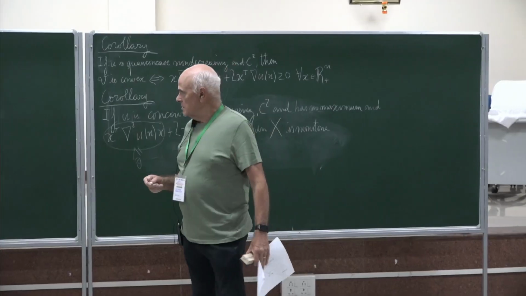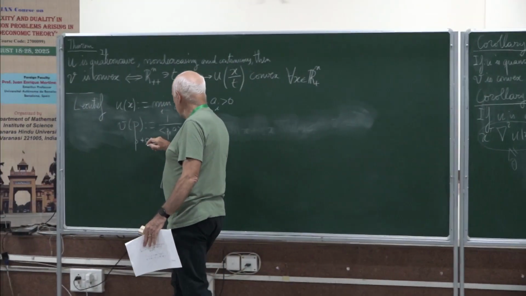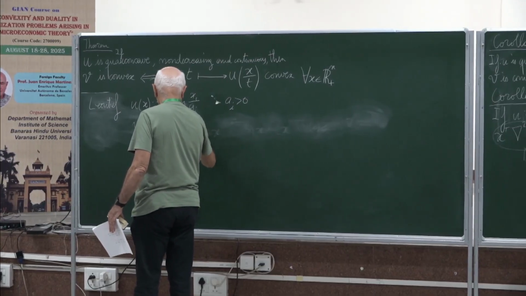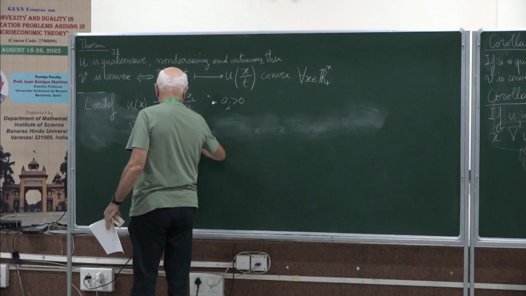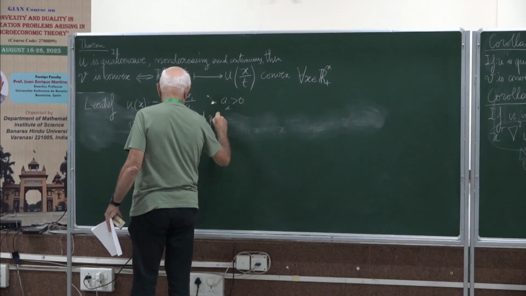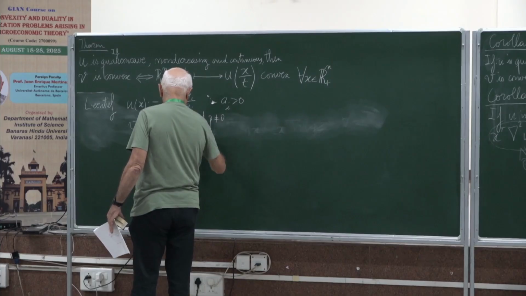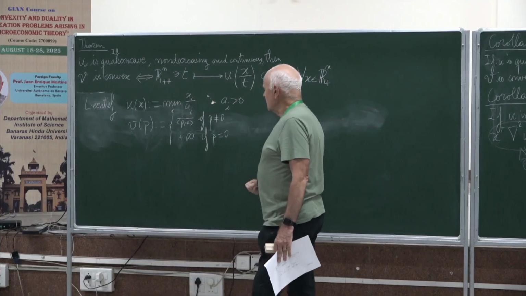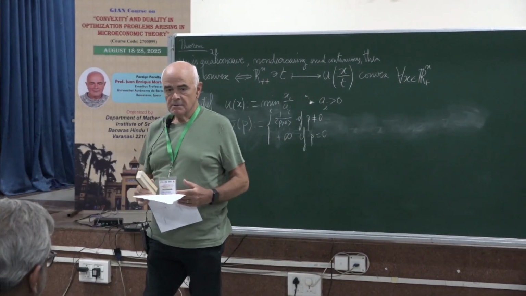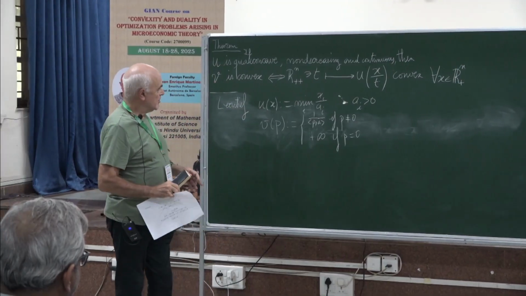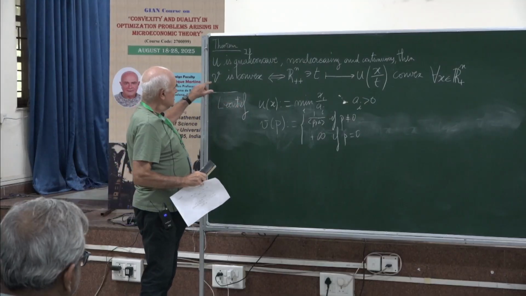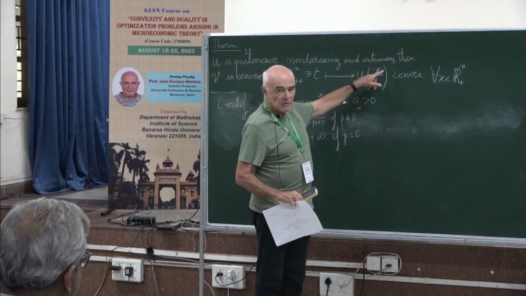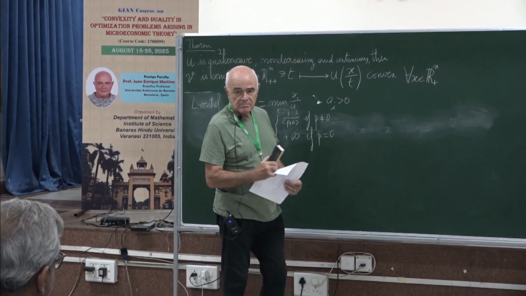This function, I mean the function defined like this, 1 over p·a if p is different from 0, plus infinity if p equals 0, this function V is convex. And so according to this theorem, this convexity along rays property should hold. Does it?